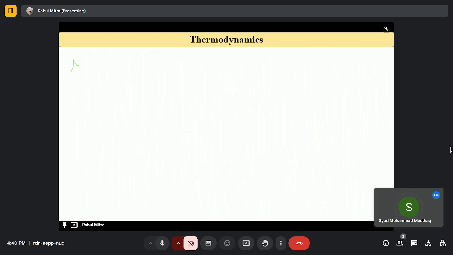So mu B equals G B plus, suppose I talk about alpha phase, alpha plus omega term (1 minus xB) whole square plus RT log xB.